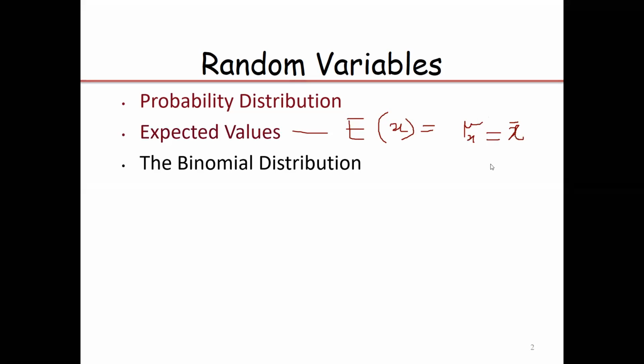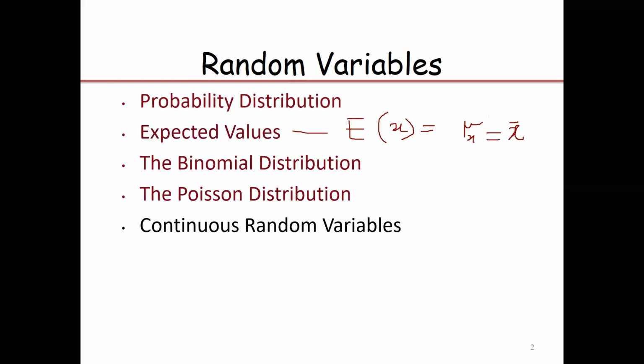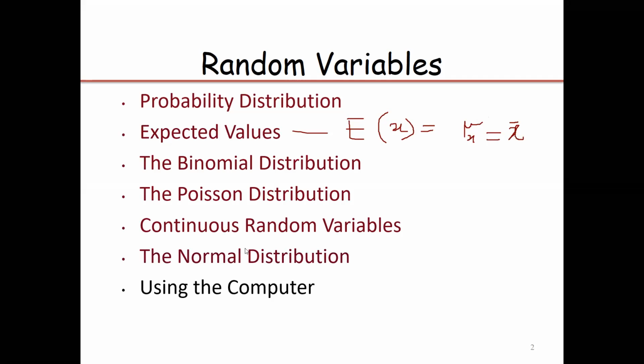Then we have to cover the binomial distribution, the Poisson distribution, and continuous distributions to be discussed. One of them is normal distribution. And then we have to describe some functions in Excel and SPSS to cover these distributions. In this course, we have to learn three more distributions, as I told you earlier.